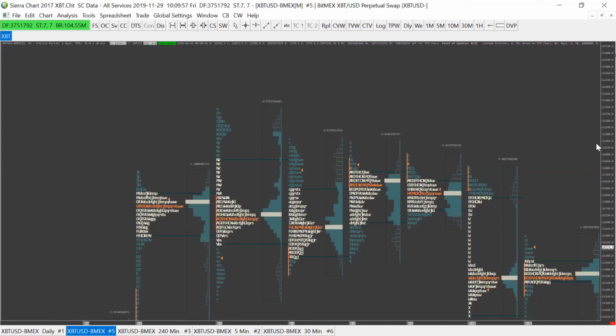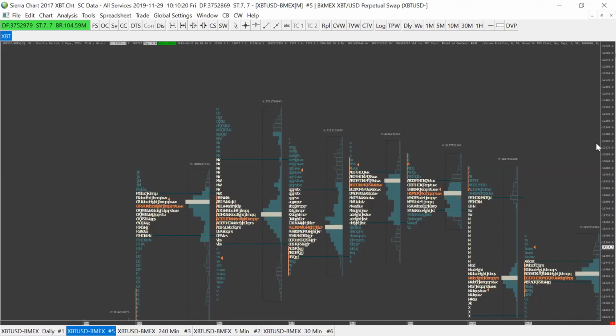Okay, so in other words, I'll use it to find areas where I expect price to reject, areas I expect price to run through quickly, and areas at which I expect price to get kind of stuck or spend a substantial amount of time trading.